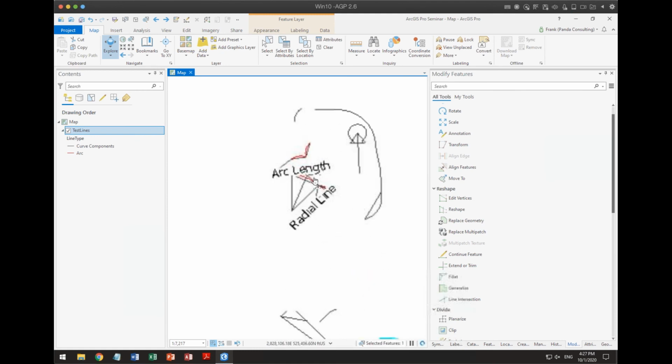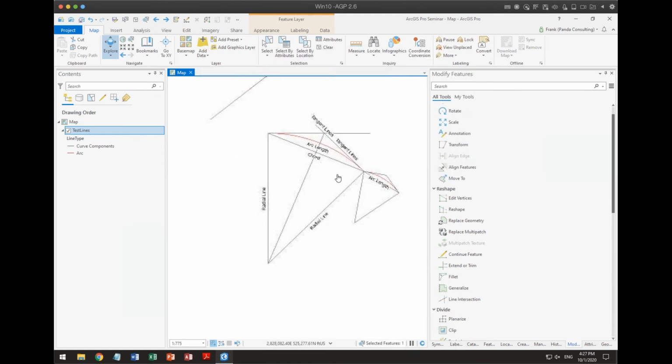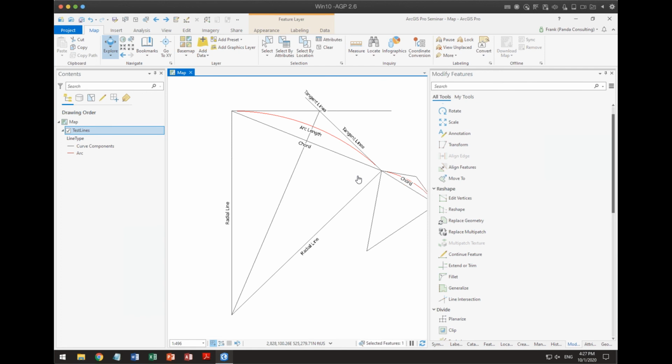The important things I want you to come away with are the definitions of the components of a curve, the actual arc of the curve, and then the various elements of how they're stored: the radius lines, radius distance, the tangent lines, tangent distance, the chord length, and the chord bearing, tangent bearing, radial bearing, and then the relationships between them.